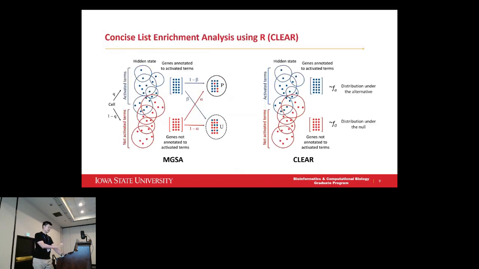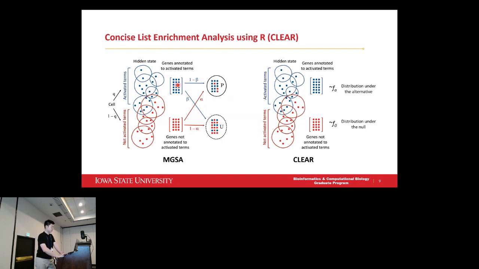On the left is MGSA, on the right is CLEAR. The main difference is between the H layer and the O layer, which unfortunately I do not label here. Let me use the laser pointer. The main difference is here, the connection between the H layer and the O layer. MGSA uses a Bernoulli probability, alpha and beta.